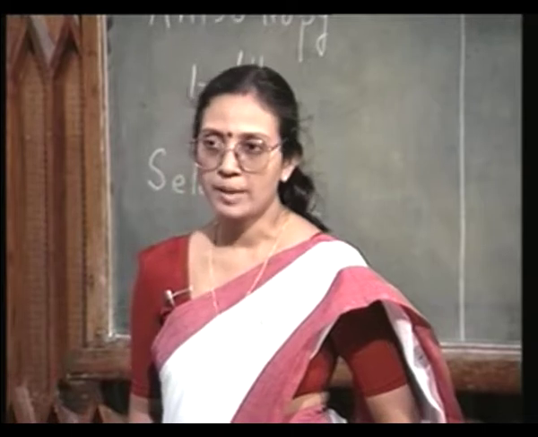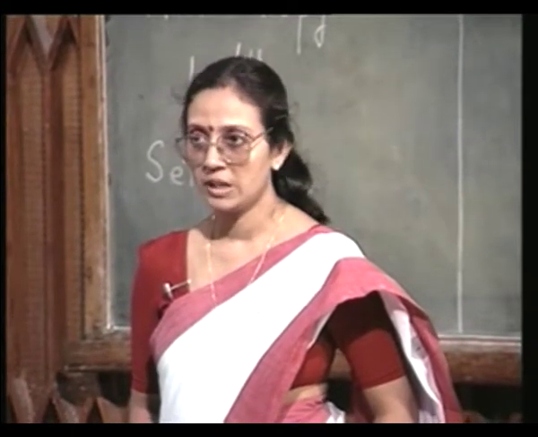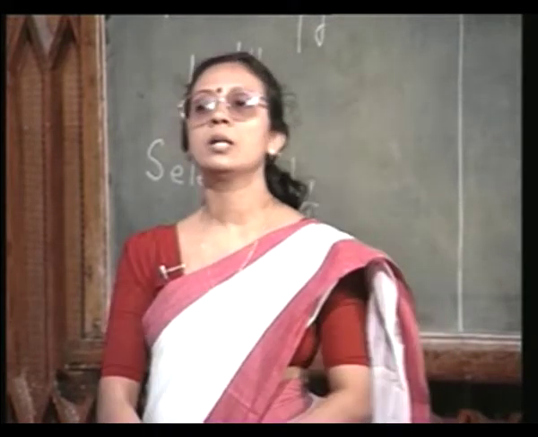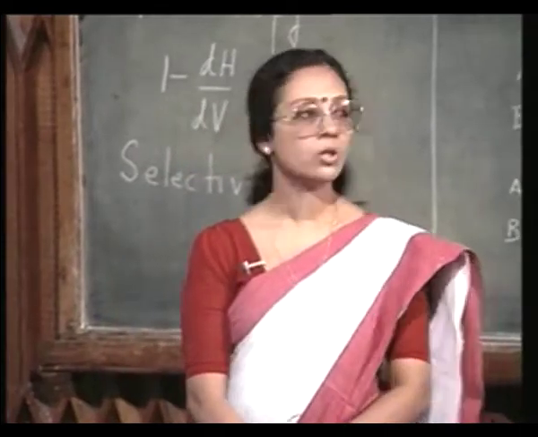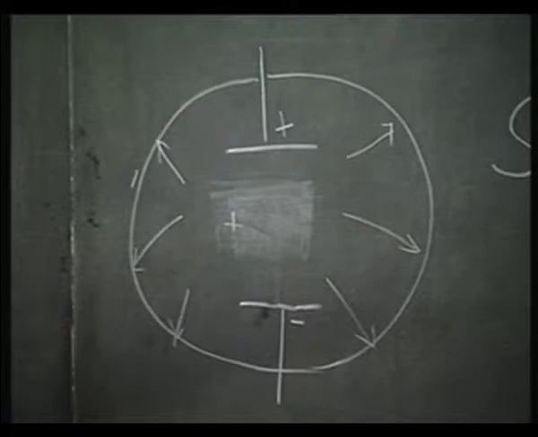I have applied a high frequency voltage, an alternating voltage. Let us say during one half cycle, one of the electrodes is positive, the other electrode is negative. During one half cycle, this is the situation.